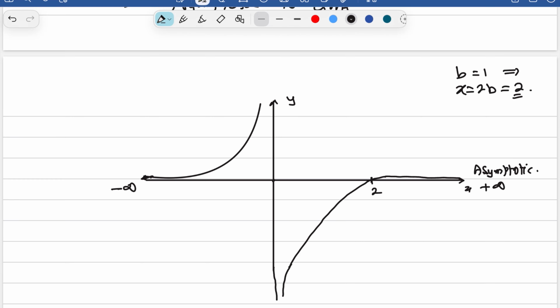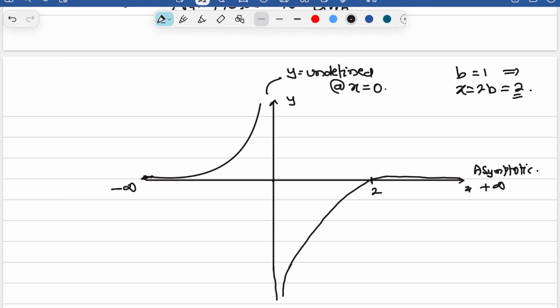And y is undefined at x is equal to 0. And there is a vertical asymptote.